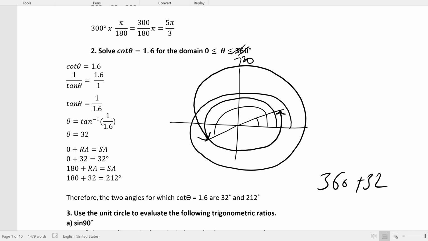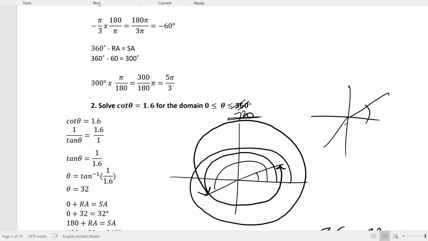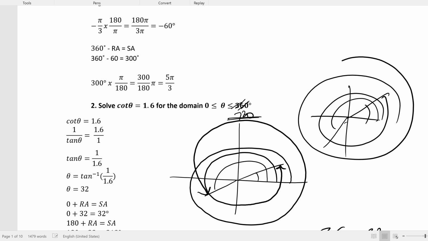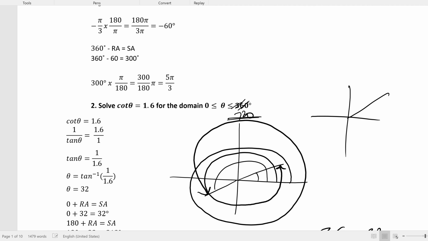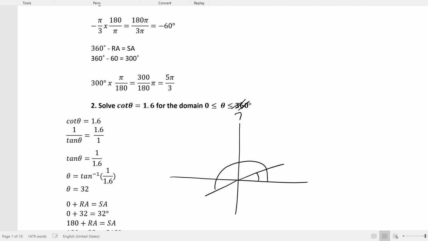If your limit is 720, then you do 2 pi, like 2 rotations. So the first one, then the second with the same here, and the third one is going to be that one. I hope that makes sense to you.